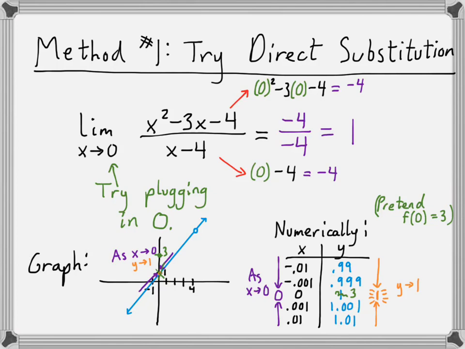In that case, the limit would still be 1 because I'm just looking at what happens to y as x approaches 0, but not actually at x equals 0. In other words, who cares what that function value is? What I'm looking at is what's going on with y around it. So I'm looking at what y is doing as x approaches 0 from either side.